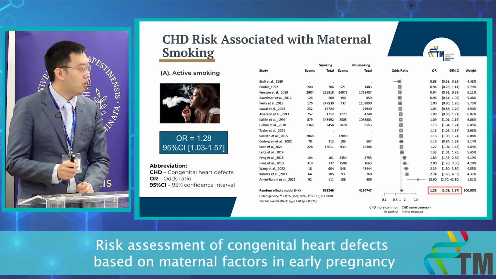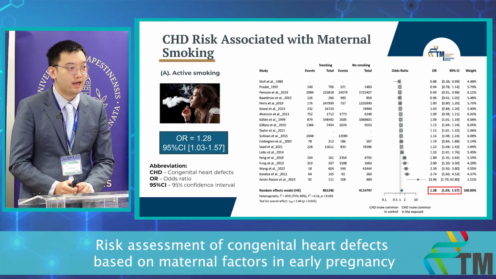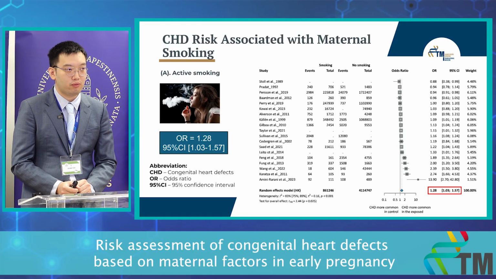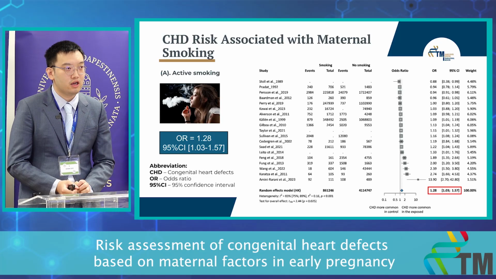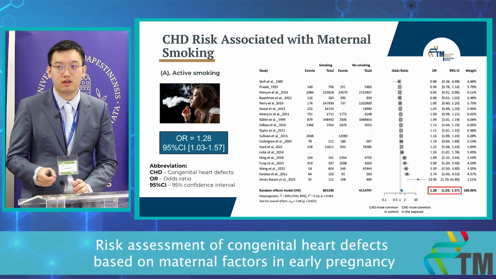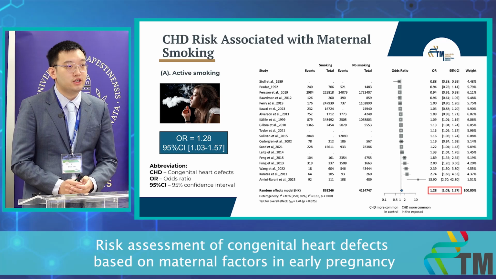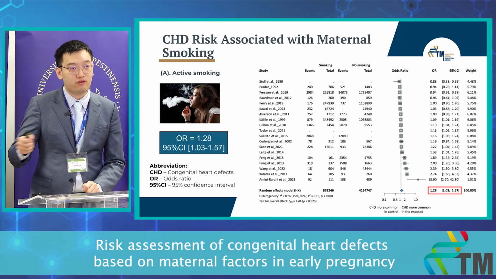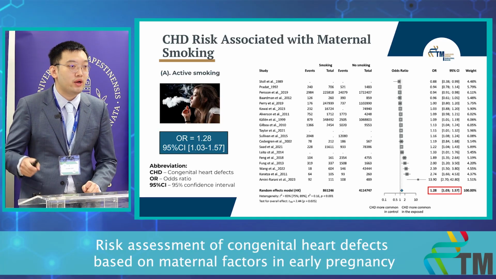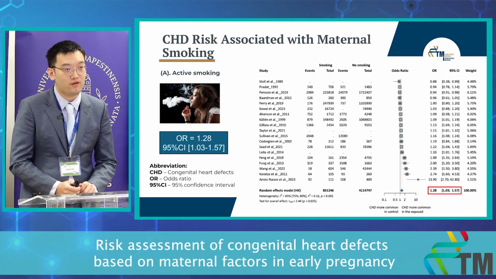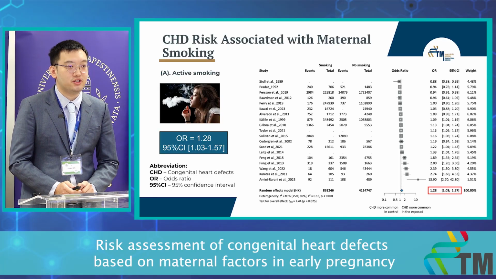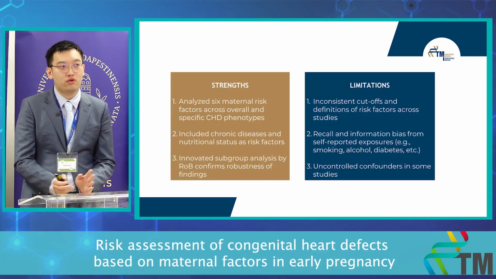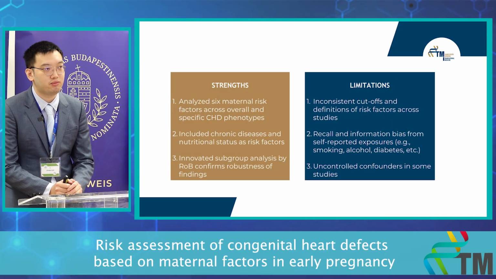The odds ratio is 1.28, which means statistical significance and clinical relevance. So this result suggests that mothers smoking during the first trimester will increase the risk of congenital birth defects by 28%. Of course, we have some strengths and limitations in this project.